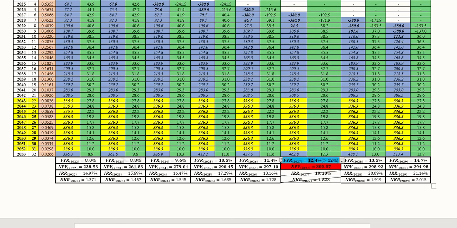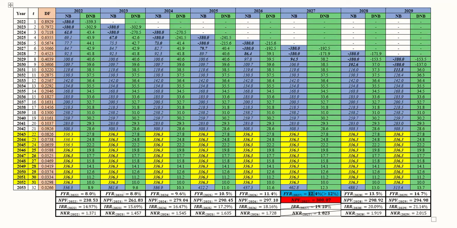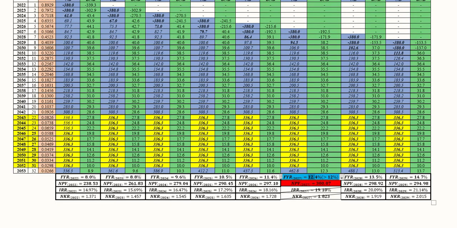But in this year, that is in the year 2027, it is greater than the 12% opportunity cost of capital. So this is that year in which we should start the project as per the first year return method. Here the first year return method is giving us higher values, but these are of no use because this is the very first value which is greater than the opportunity cost of capital. So this is the criterion of using first year return method.